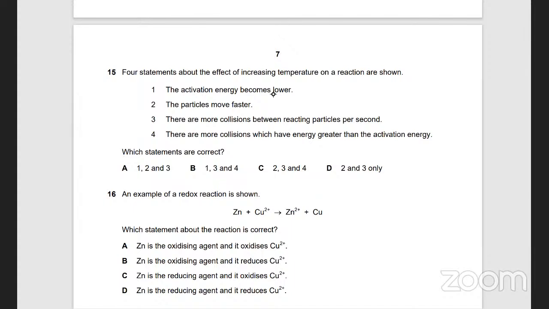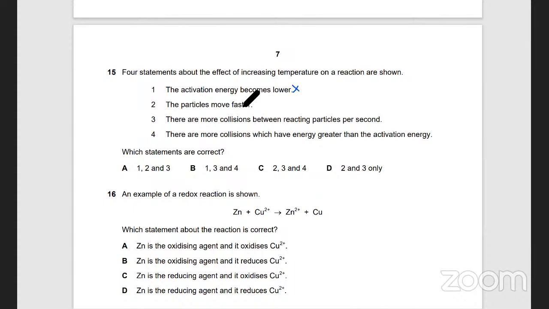Catalyst is the only thing that changes the activation energy. So it has nothing to do with temperature, right? Activation energy is the minimum energy needed to start a reaction. A catalyst just makes it easier, lowering the activation energy. Temperature has nothing to do with it.